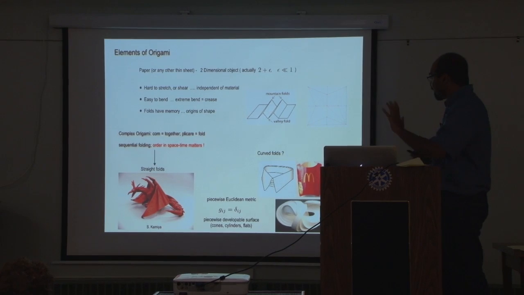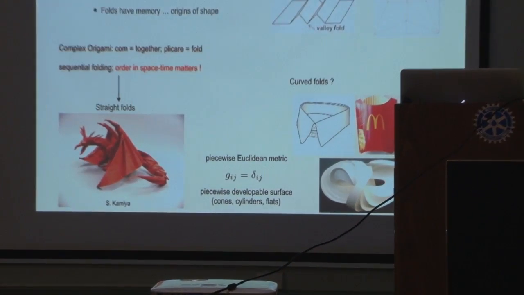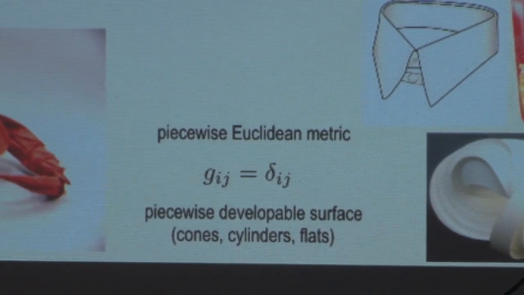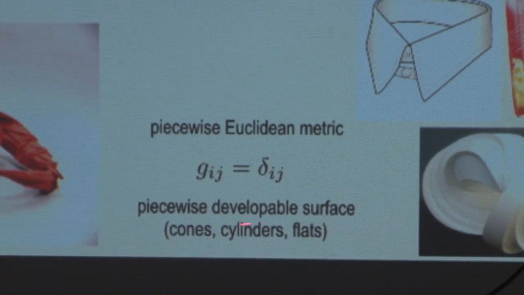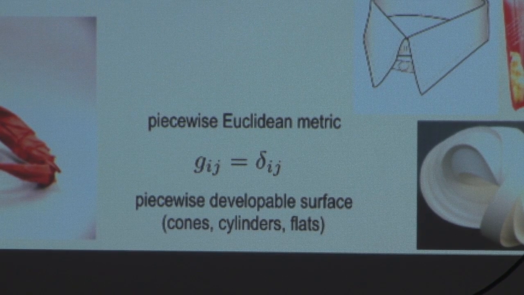I apologize for that, but I simply want to say that every piece of origami that you essentially have, forget these equations, can be thought of as constructed of little pieces of flat paper linked up to cones, and those cones are linked up to cylinders. So you just basically think of any piece of origami and it will have these three elements.